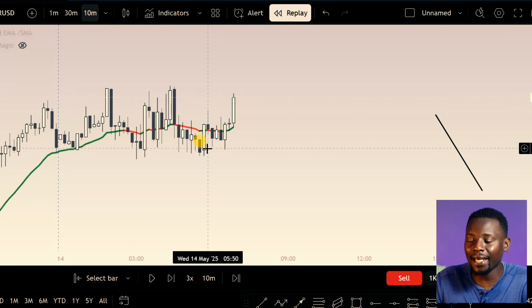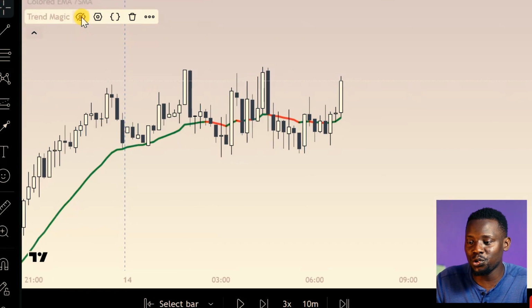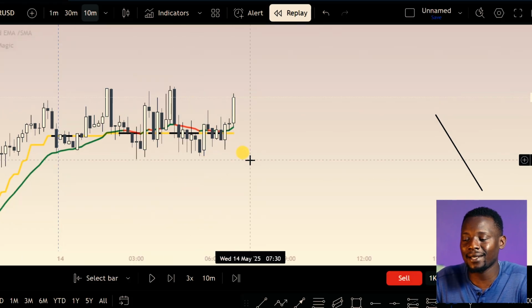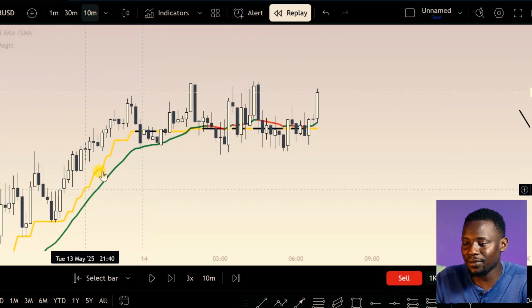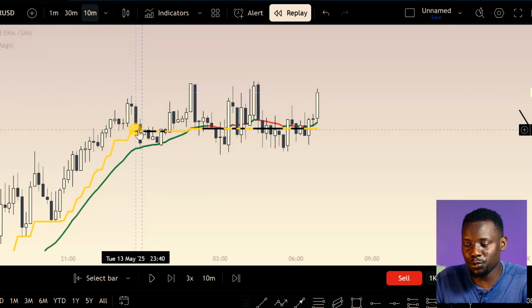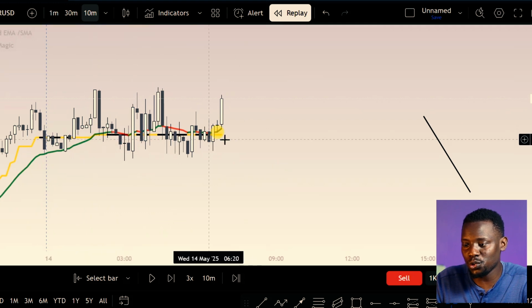But of course, I like to be a trend follower, because when it comes to trading, the trend is always your friend. So to help me do this, I like to use this other indicator, which is the Trend Magic indicator. What this enables me to see is the exact trend we are in at that very moment. We can see that previously it has been this uptrend, and right now price is just consolidating.